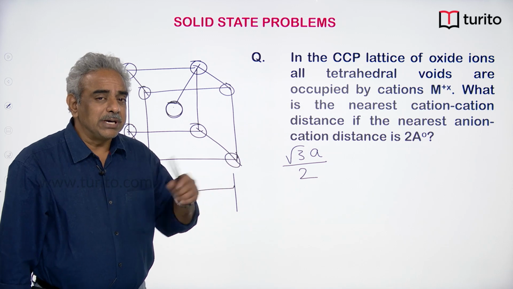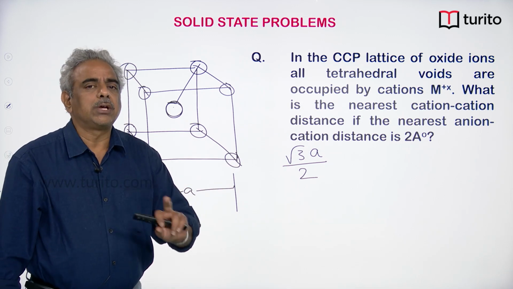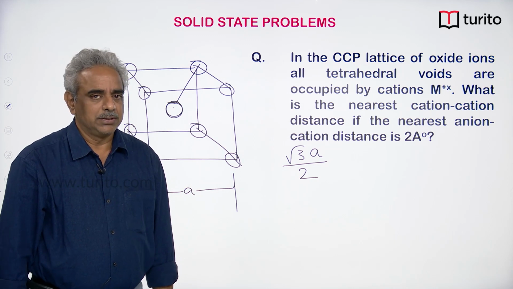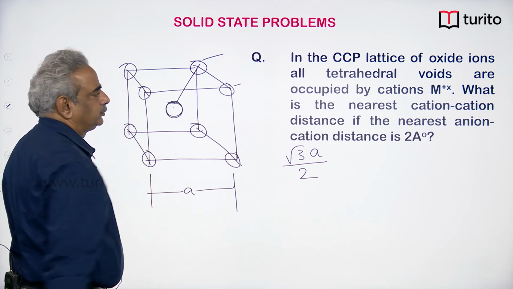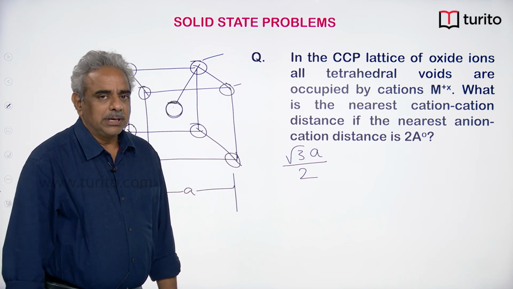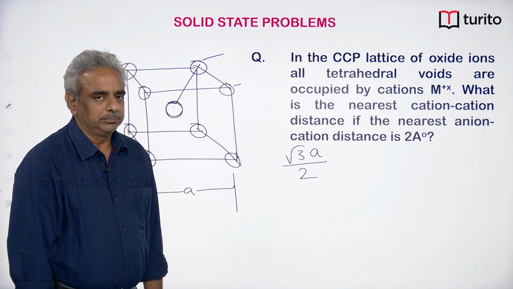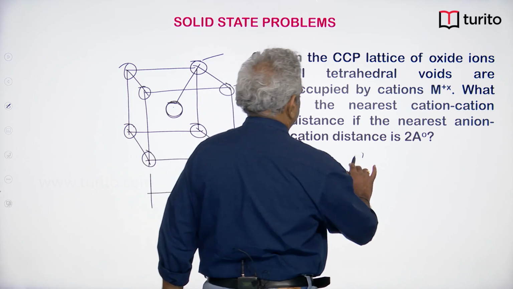What could be the next interatomic distance? Not from this, but between any two spheres. If you take this sphere and this sphere, whatever distance A is there, that is the second best distance. So, that will be A.